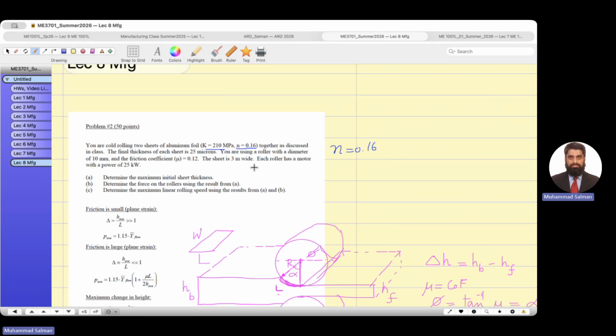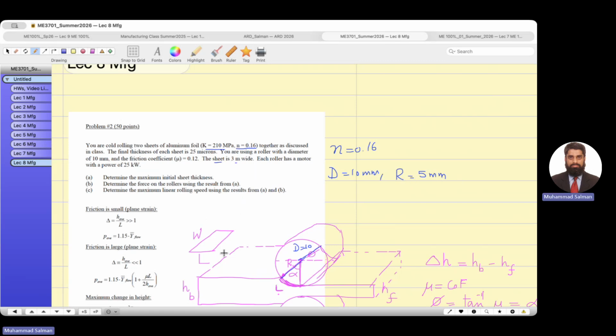So you are using a roller with a diameter of 10. So the diameter of this roller, if this is 10, then the radius would be 5 millimeters.